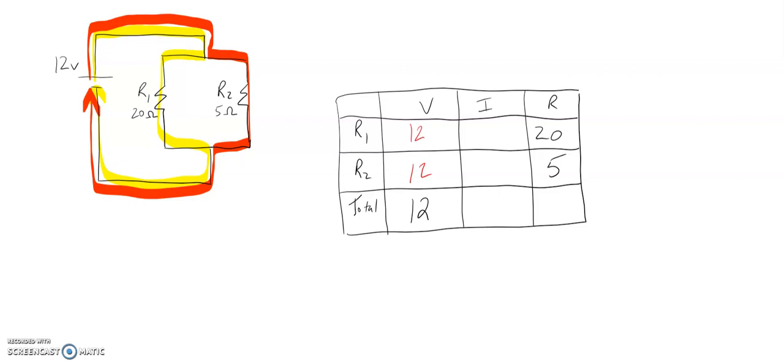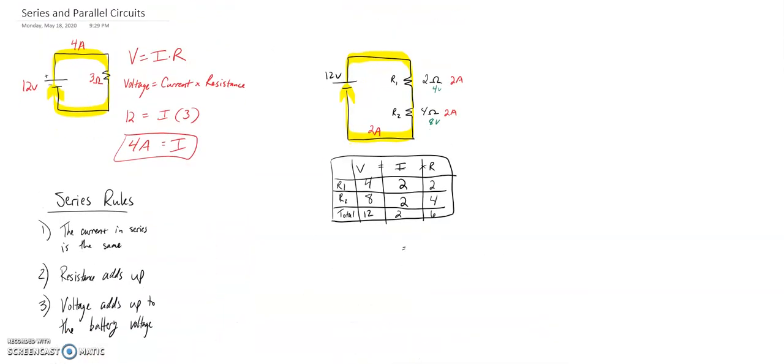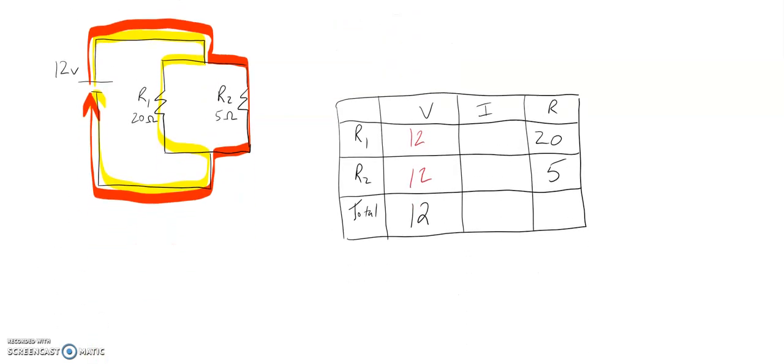That way, either loop, yellow or red, gets all 12 volts. Remember in our previous example, we had 4 volts on the first resistor and 8 on the second. They add up to 12, so the one lap added up to 12 volts. Well, for parallel, either lap, yellow or red, has to add up to 12. So each one must be 12 by themselves.